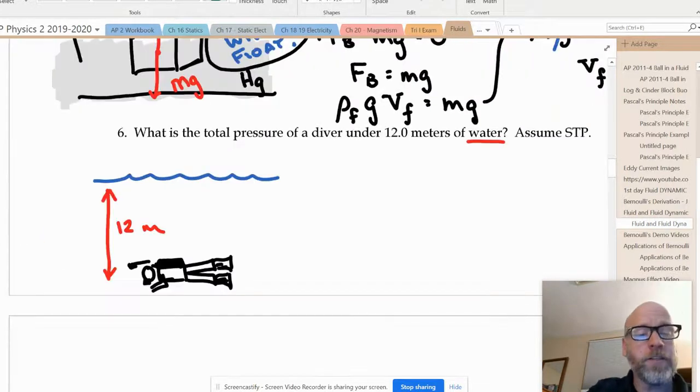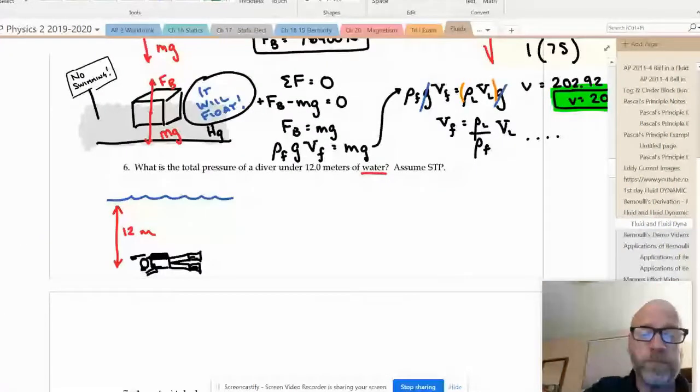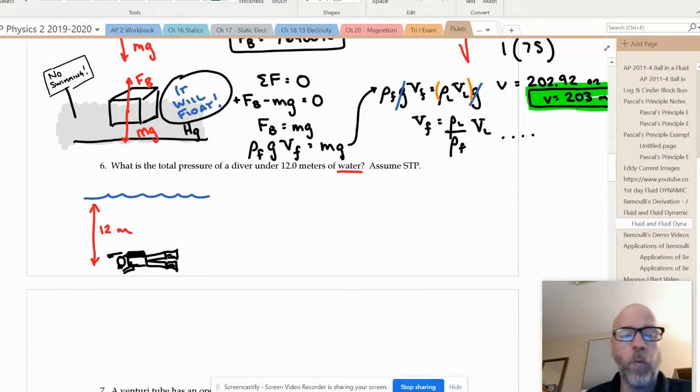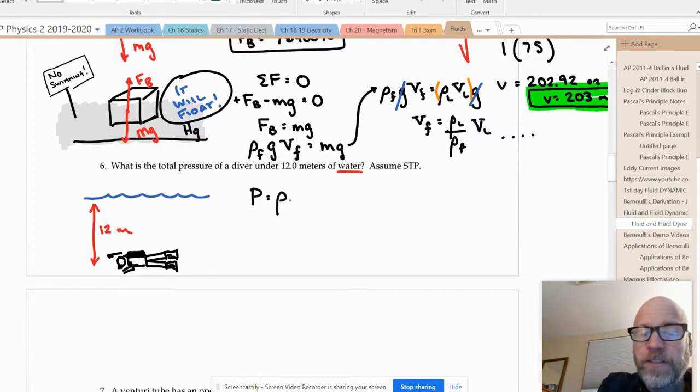And number 6. What's the total pressure on a diver under 12 meters of water? Oh, we're back to buoyancy. I like these. Pressure equals density of the fluid times gravity times the height or depth below. It's 12 meters below, so that's pretty easy.